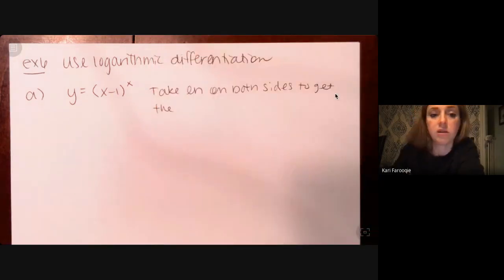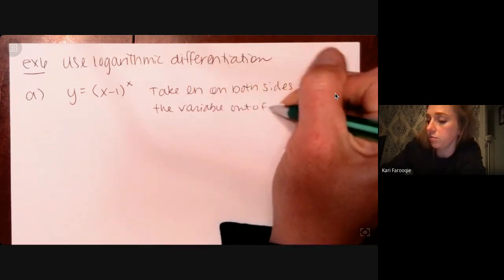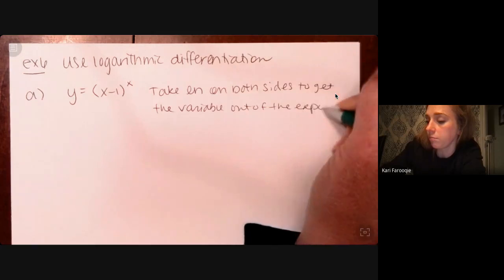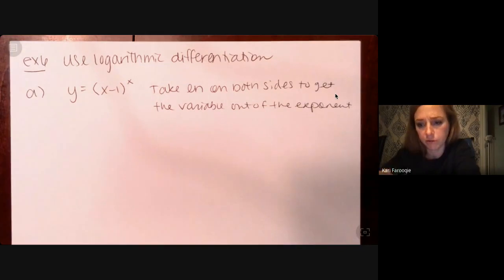So we're taking the natural log on both sides to get the variable out of the exponent. And you've done stuff like this before, just not with derivatives. Back in algebra, you at least worked with taking logarithms on both sides and pulling that exponent out when you were solving exponential equations.